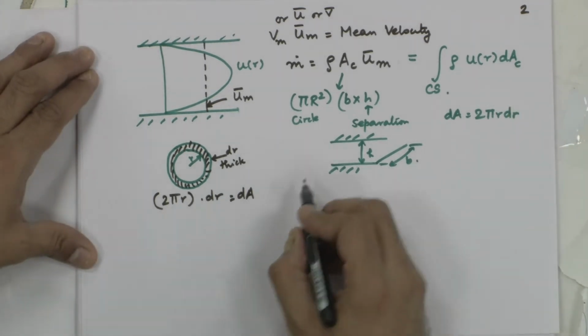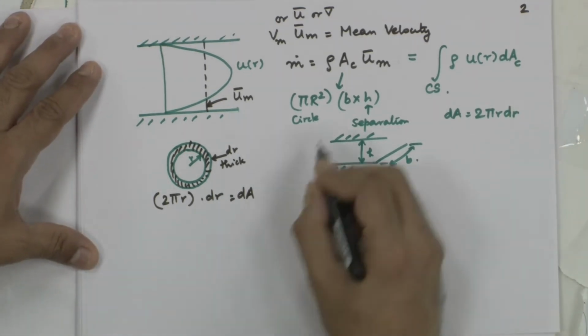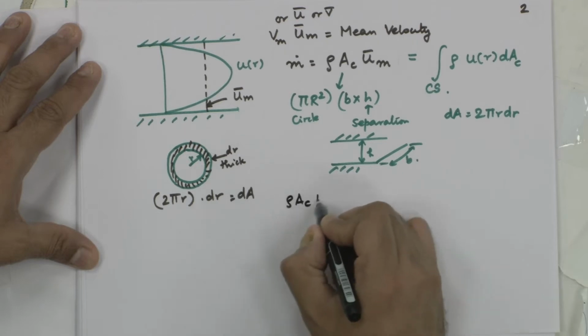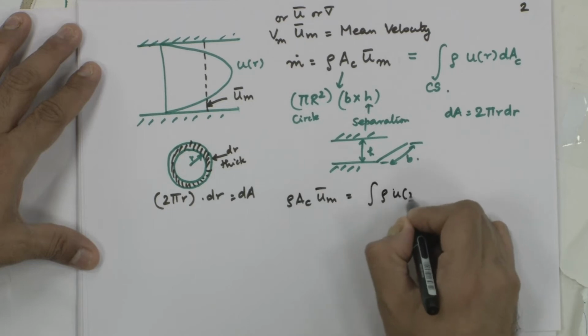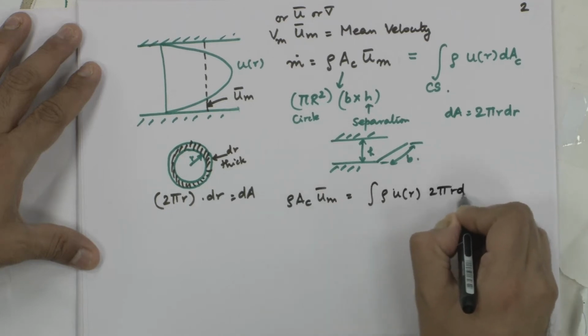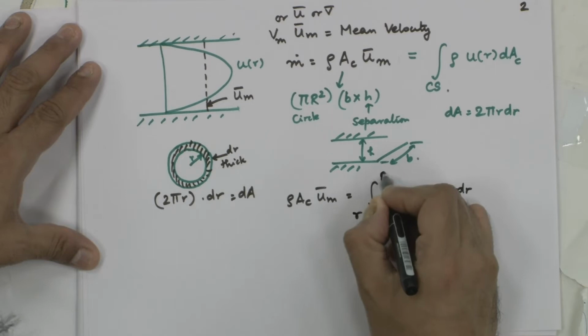So, if I assume incompressible flow, I am going to cancel rho: u m bar is equal to integral u of r 2 pi r dr, r equal to 0 to capital R.